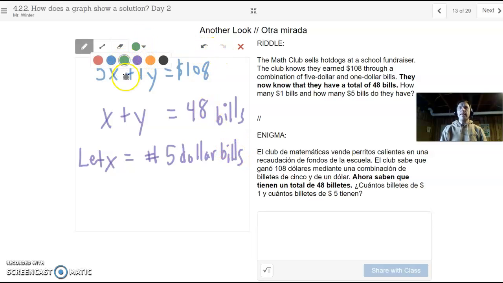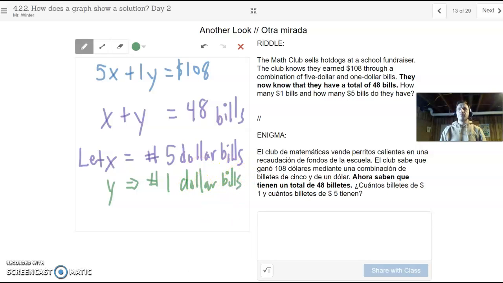We're going to let Y then be the number of $1 bills. We have 2 equations. Guess what we can do with 2 equations? We can solve them using substitution. So go ahead, pause, set this up in your notebook, and then let's go ahead and work on this.